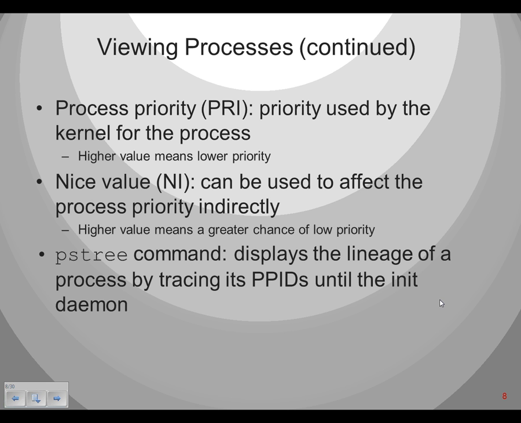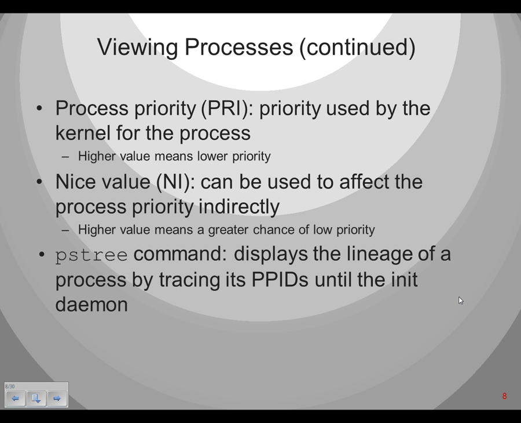It is measured between 0, which is the highest, and 127, which is the lowest. You'll notice in this chapter that the lower the number, the higher the priority. The nice value can be used to affect the process priority indirectly.